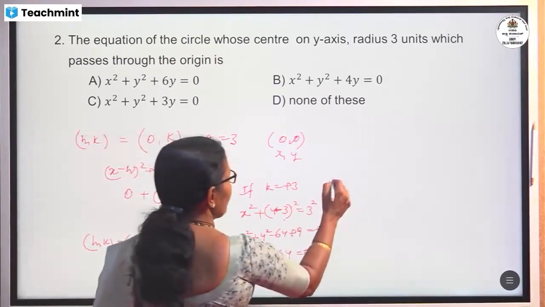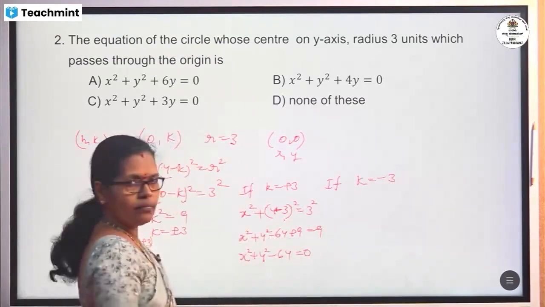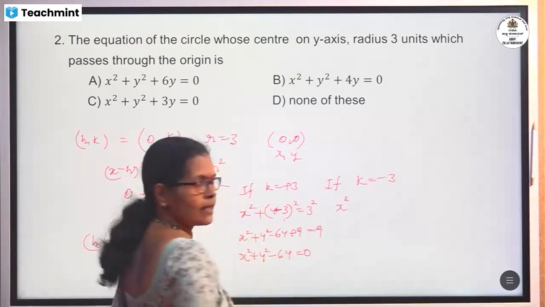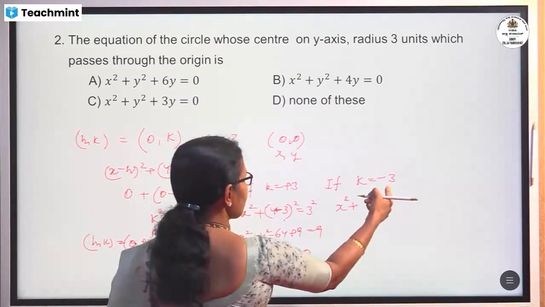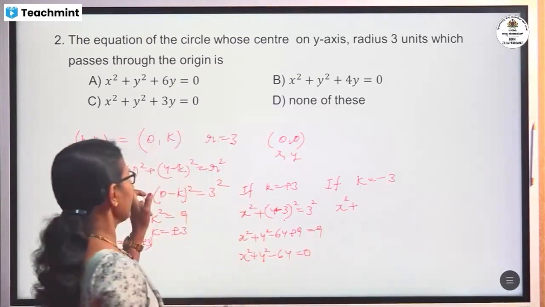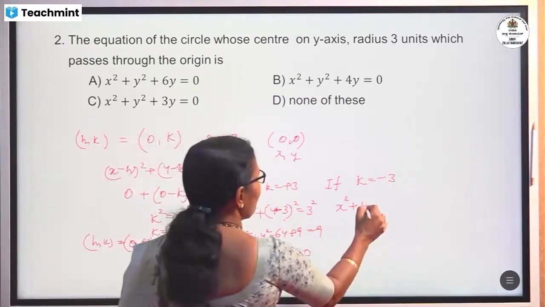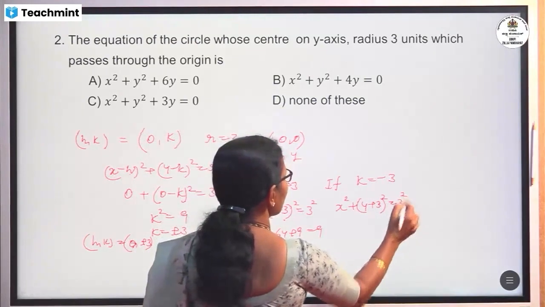So if k is equal to minus 3, then the equation of the circle is x square plus y minus k, so y plus 3 whole square is equal to 3 square.